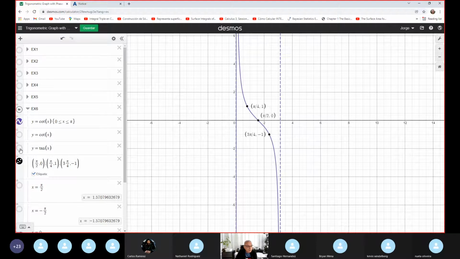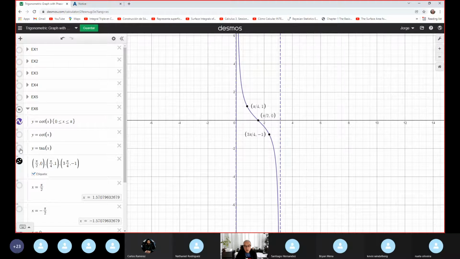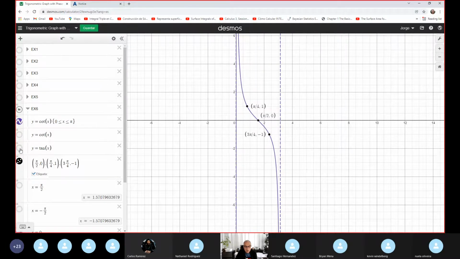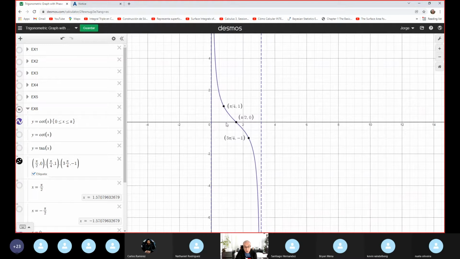Look, this is the tangent. And the cotangent: when the tangent is 0, the cotangent is undefined, an asymptote. When the tangent is undefined, the cotangent is 0, because the reciprocal of undefined is 0. So at 0 it is undefined, at pi over 4 it is 1, because tangent of pi over 4 is 1 and the reciprocal of 1 is 1.